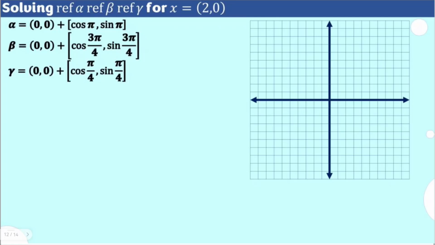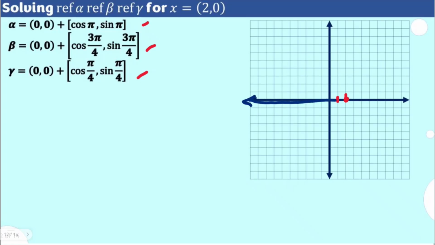Let us identify the result for x that can be found at (2, 0) as it is reflected 3 times along the gamma, beta, and alpha lines with the following description. For these specific direction vectors, our alpha can be found somewhere in this direction.